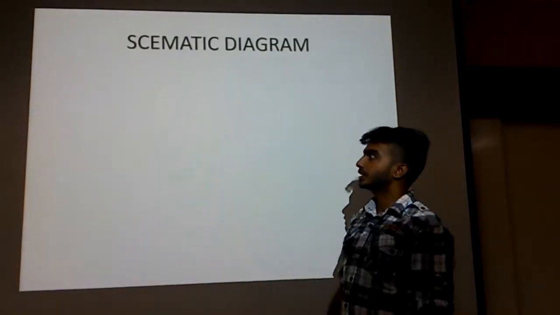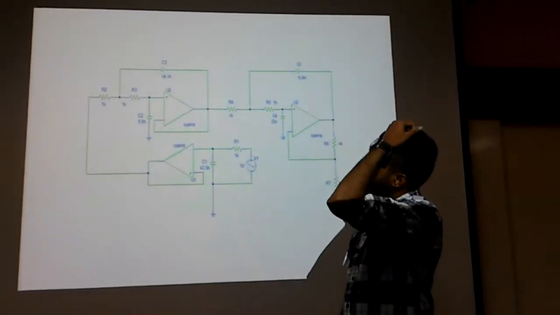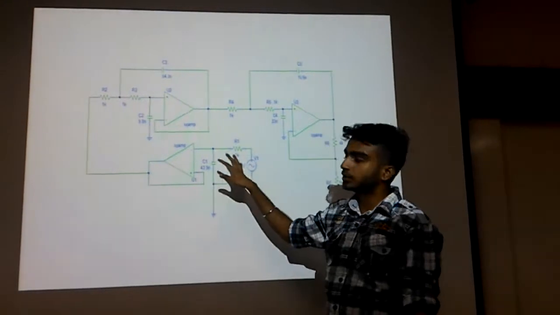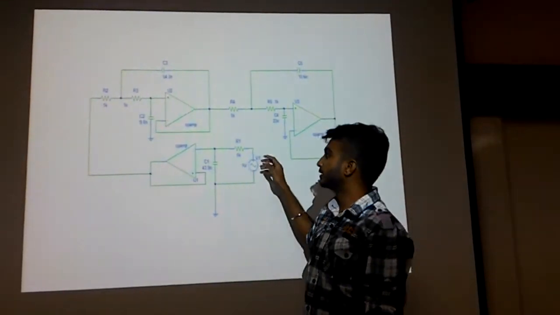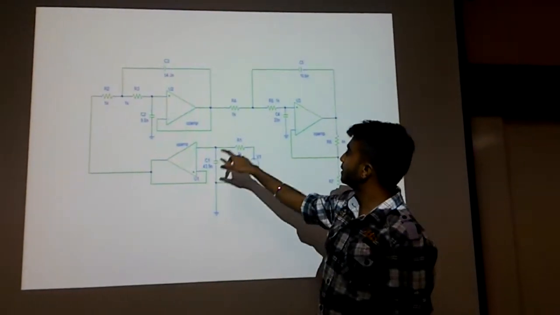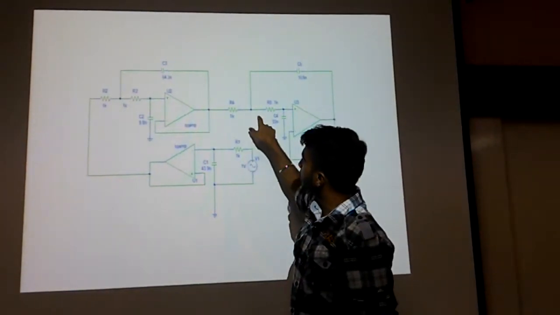Next, this is the schematic diagram. Okay, as you can see, we have put up a schematic. We have drawn the schematic diagram into this PSpice, and as you can see here, these are the second order.